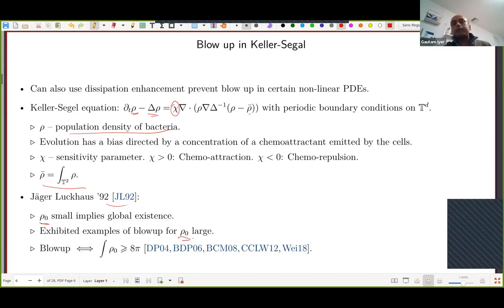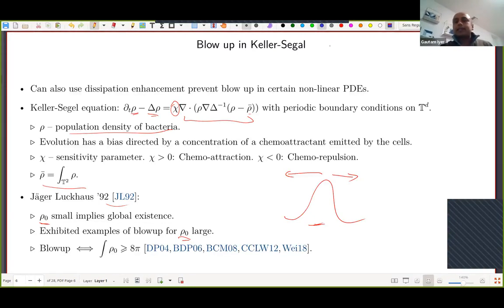And why should you have blow up? Think about it as follows. If I have a concentration of bacteria, I have diffusion that's pushing it away. But there's also chemoattraction, which creates a chemical potential with high concentration in this area, and the bacteria sense this and move towards it.